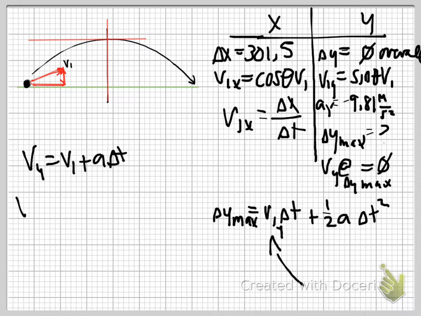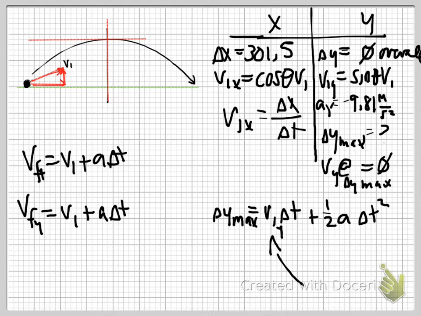So this would be vy, or I'm sorry, that's vf. But we're looking for a discrete point in the flight, we can call that a vf. We can arbitrarily say, okay, we're looking up to this point. So vfy equals vi plus a delta t, and this of course would be ay.